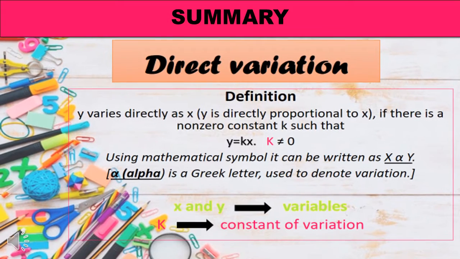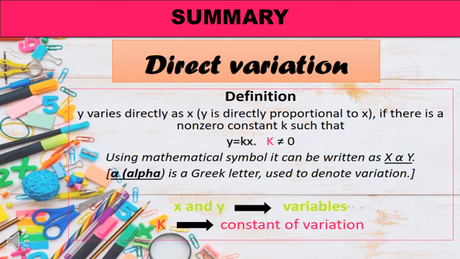Next, we studied the definition of direct variation, that is, y varies directly as x, or y is directly proportional to x, if there is a non-zero constant k such that y is equal to kx, where k is not equal to 0.